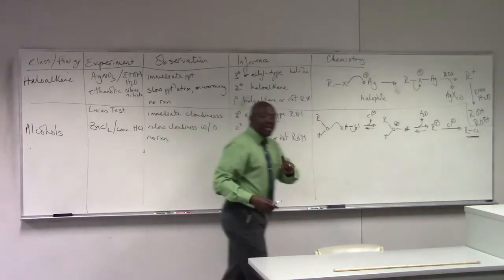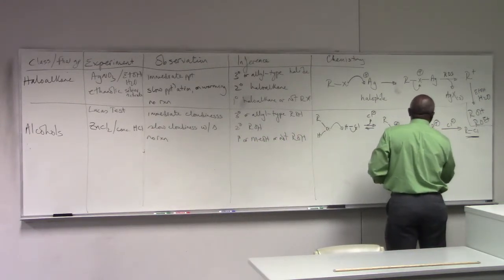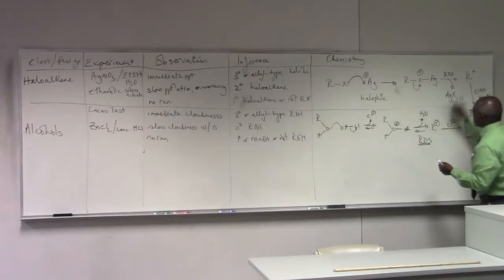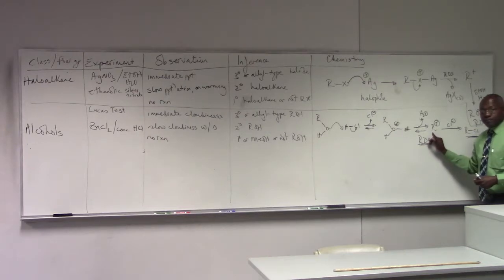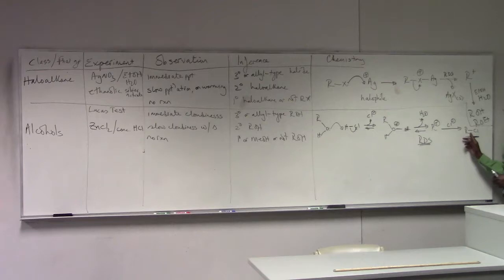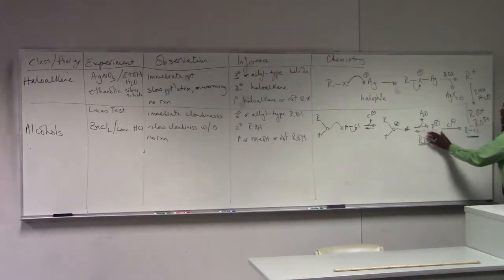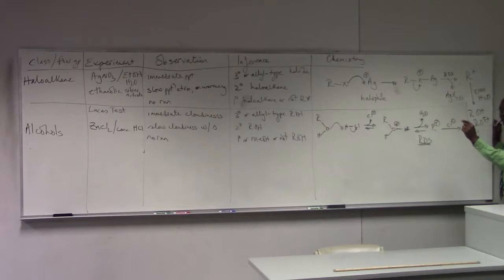Now, the rate determining step in this reaction is the formation of the carbocation. So the faster the carbocation forms, the faster the cloudiness occurs, because the rate determining step is the cation formation, which means the chloride attacking this is not rate determining. This happens in the blink of an eye.